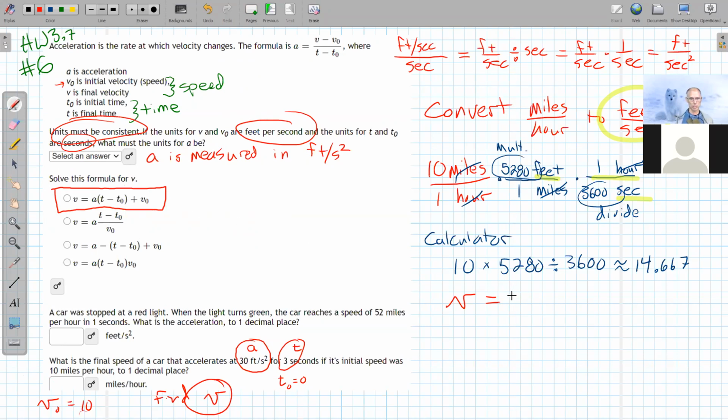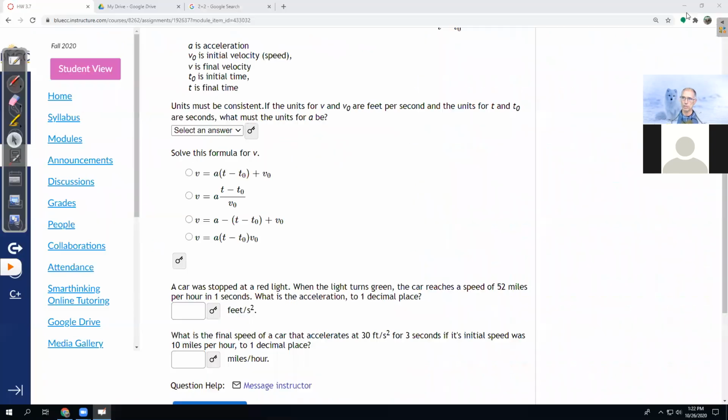So V equals A, 30, times T minus T0. So that would be 3 minus 0, close parentheses, and then plus the initial speed, which we had to recalculate at 14.667. All right, let's test it out. Calculator.